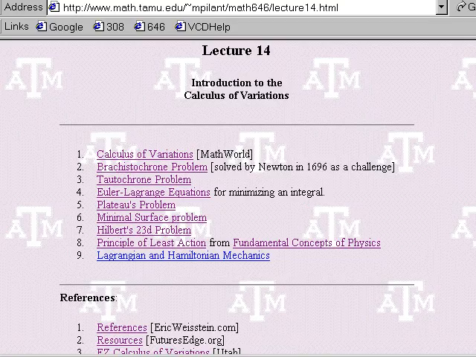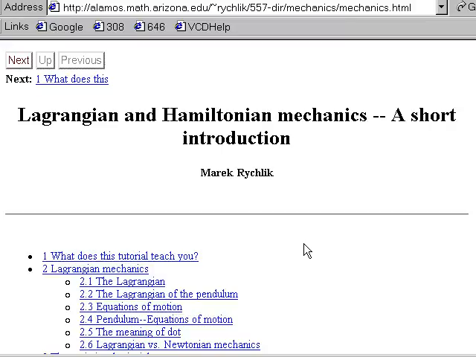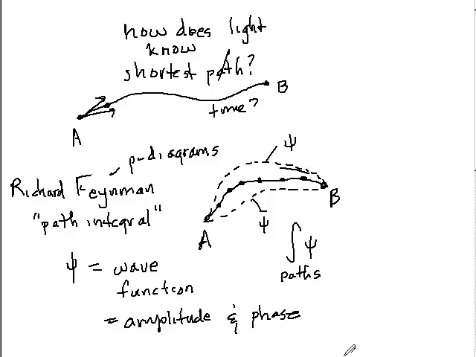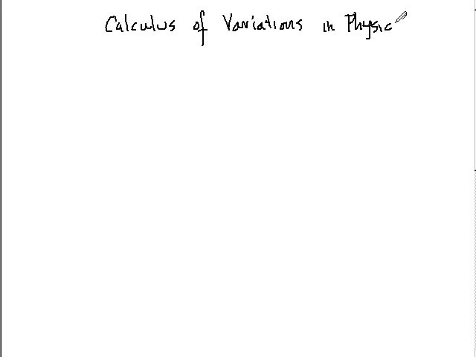Now, there is an approach to physics that relies very much on the ideas of calculus of variations and minimization. So let me do a little aside on calculus of variations type ideas in physics. We know that there are various conservation laws.